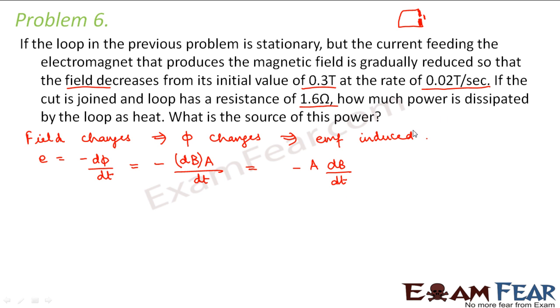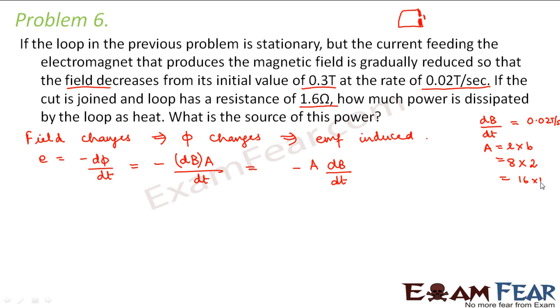Now what is dB by dt? It says at the rate of 0.02 Tesla per second, so this is given as 0.02 Tesla per second. And area of this loop is length into breadth. Length of the loop was 8 centimeters and breadth was 2 centimeters.